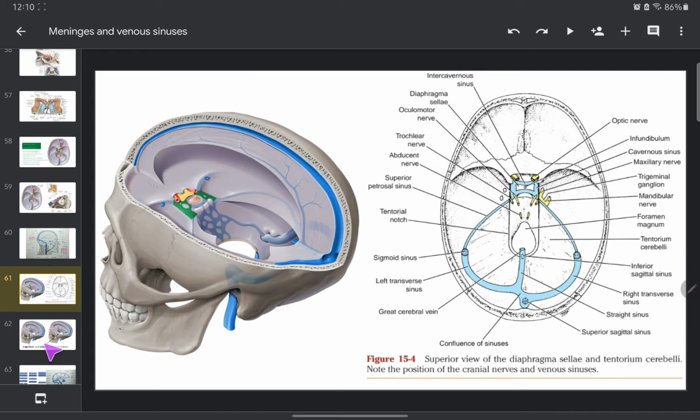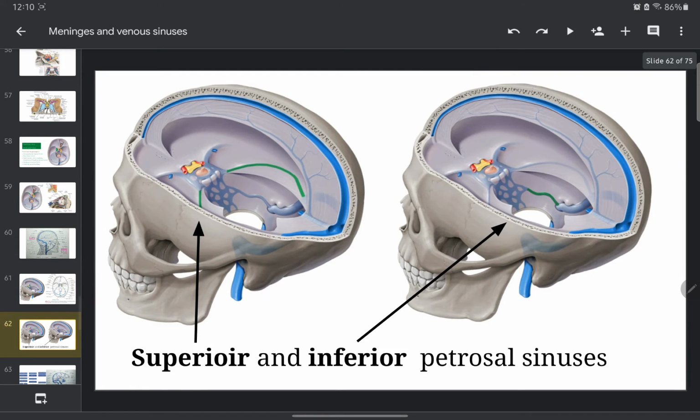Going to the last venous structures that I'll explain today, which are the superior petrosal and the inferior petrosal sinuses. This is the superior petrosal, which I already mentioned 2 times, once with the tributaries of the transverse sinus and once from the drainage of the cavernous sinus. So now you know the origin, and you know the termination, and the course is actually from the name.